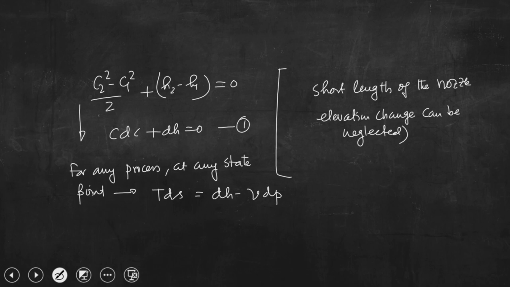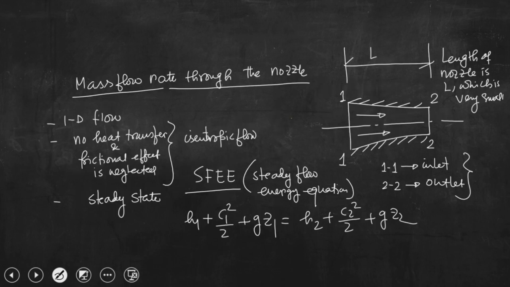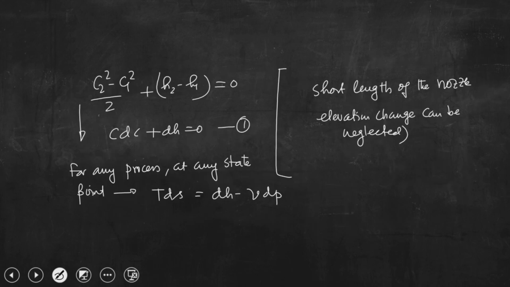Now, we have tried to model the flow by an isentropic process. So, since the flow is modeled by an isentropic process, we can write dH equal to VdP, so dP by rho.